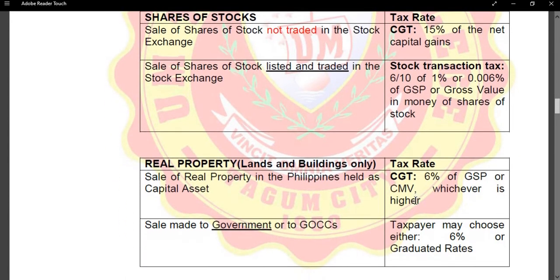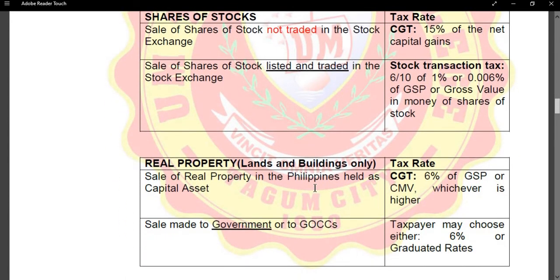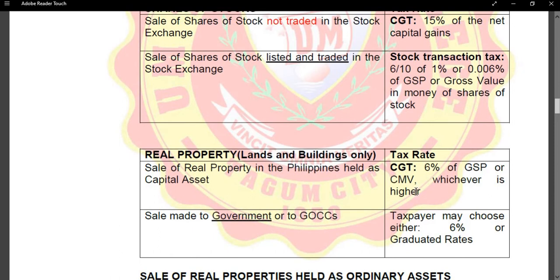Now, for real property, of course, that's land and building. Sale of real property in the Philippines held as capital asset. Okay? So, the tax rate is 6% of the gross selling price or the fair market value, whichever is higher. So, it doesn't matter, class, if a domestic corporation sold land or a capital asset, land or building, okay?